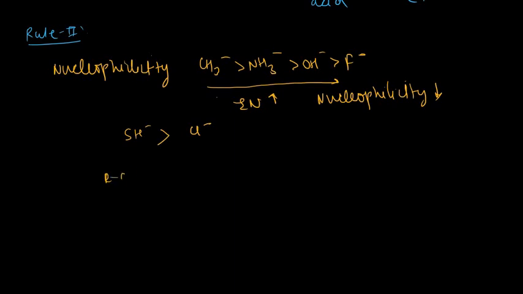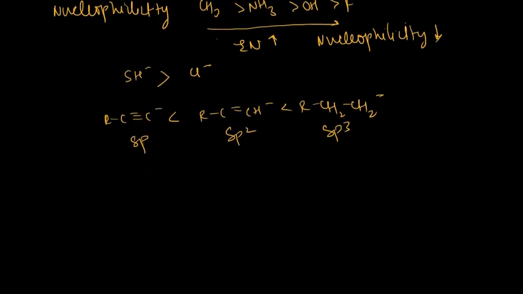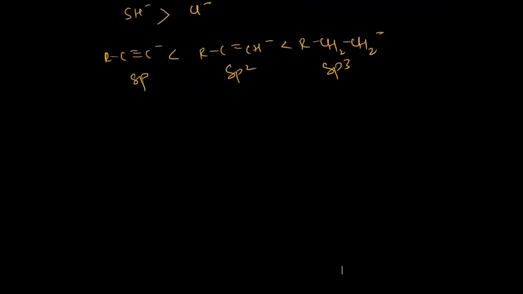If we compare RC triple bond C minus, then RC double bond CH minus, then RCH2 minus, these are sp, sp2, and sp3. So the order will be reversed. We know sp has more electronegativity due to more percentage of s character. There is rule number 3.